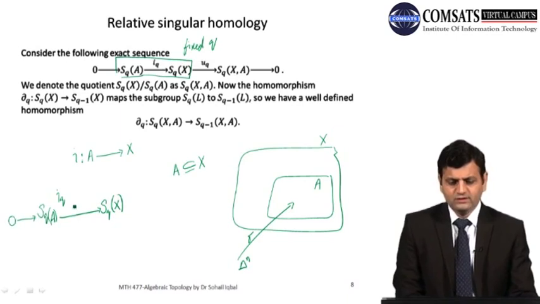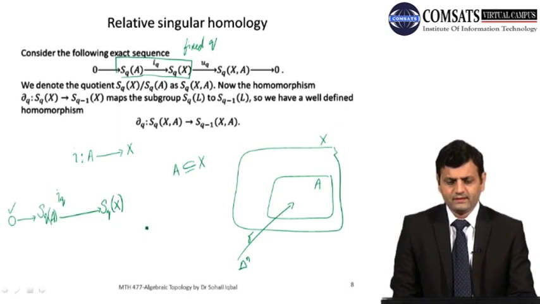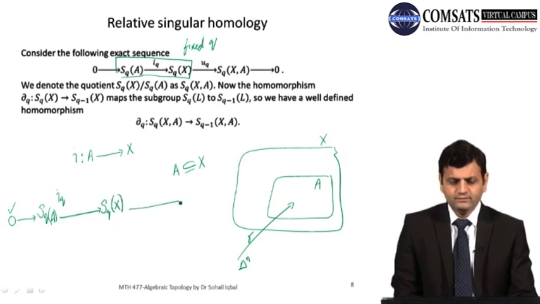Since this is an inclusion, it is a one-to-one map, so we can write 0 on this side. Now consider this part of the sequence.